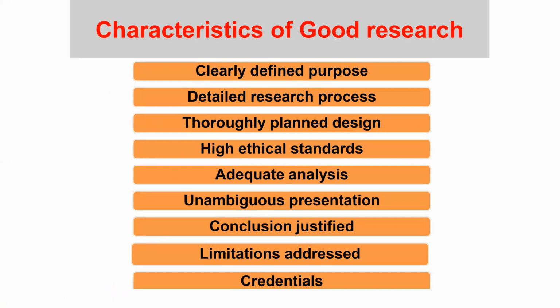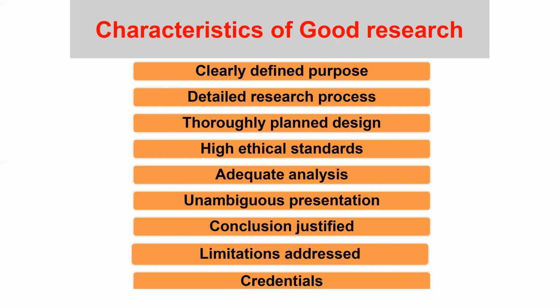Now, this is what you need to take note of deeply, and every time you do research, go through these characteristics of good research. These are the points you need to bear in mind while you are writing your thesis. Your purpose or objective has to be very clear.